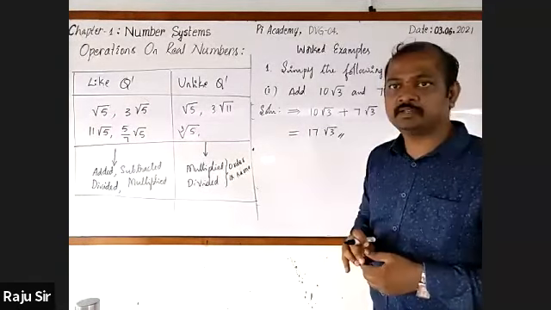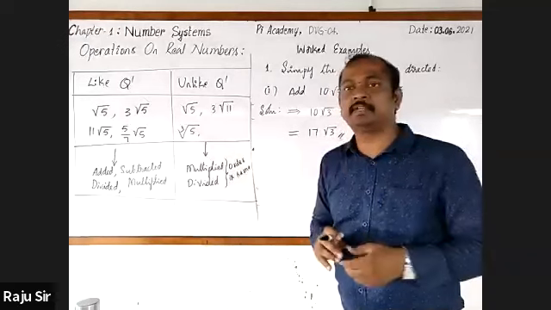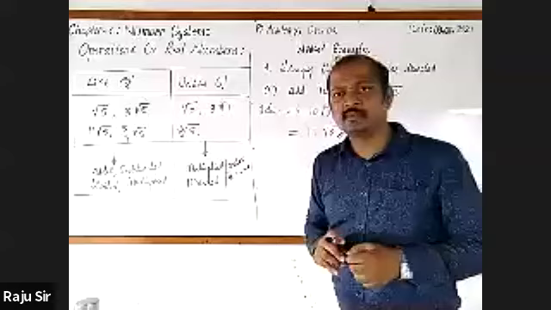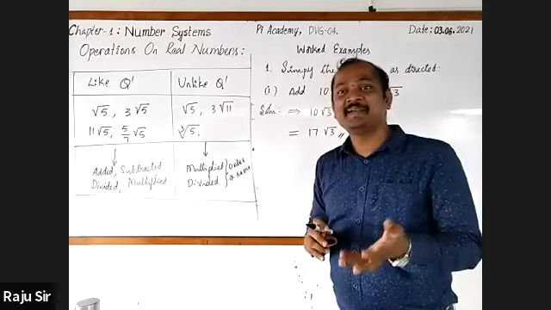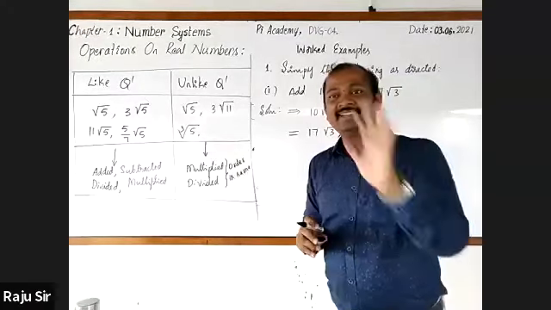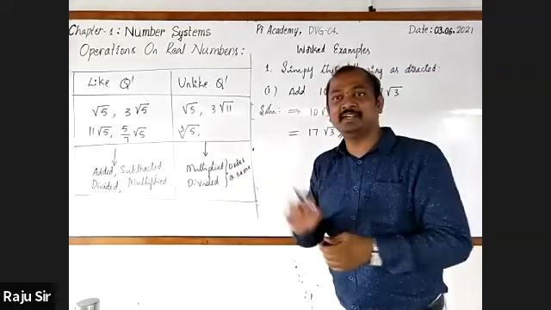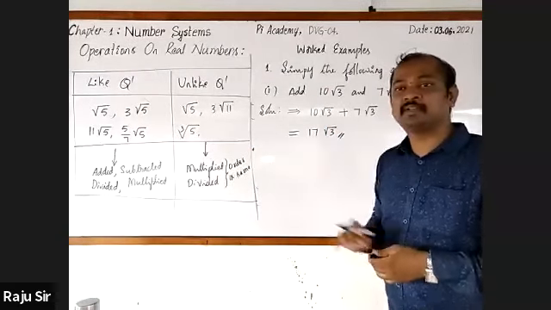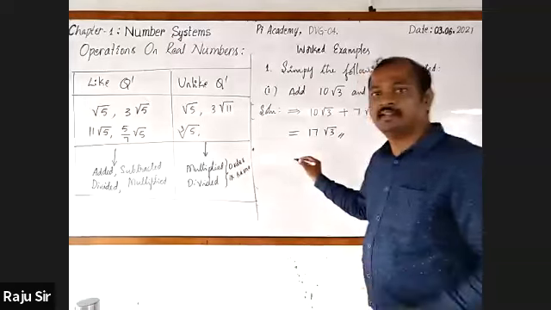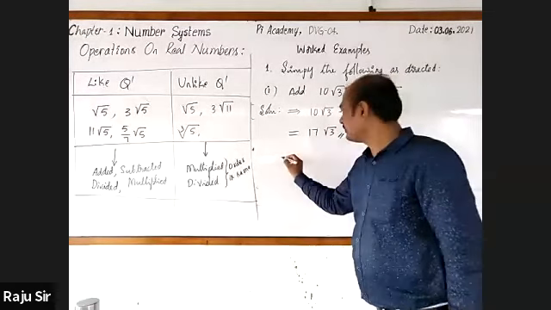Which symbol is used to represent that a sentence is completed? Full stop. Full stop, not pull stop. You are not going to pull anything. You are going to complete it, and to indicate that you will use full stop. Just observe here.